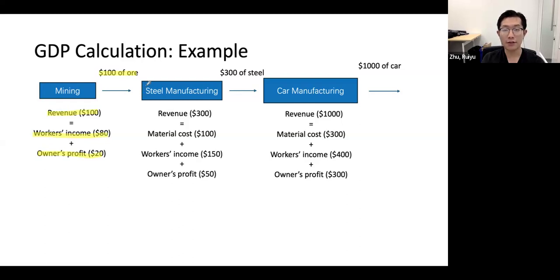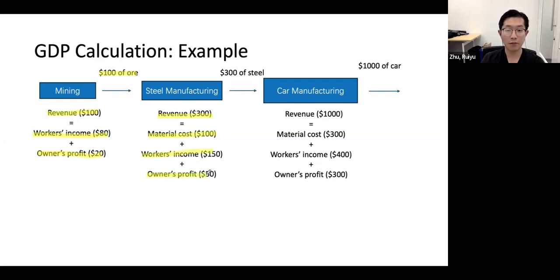So it goes to the next step, the steel manufacturing. They produced $300 of steel. And that $300 of revenue, again, goes to three parts. Now we have some material inputs. They used the $100 of ore produced in the previous step, and workers' income and owners' profit.